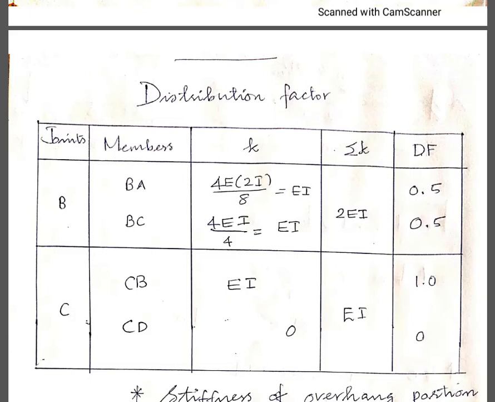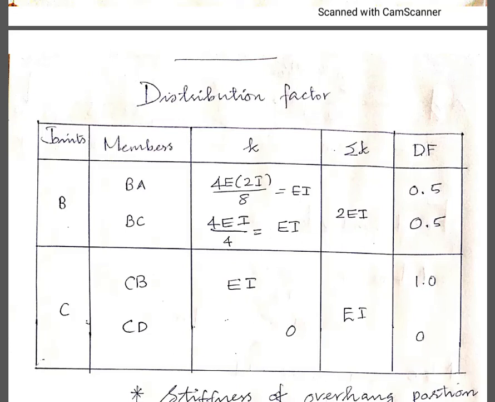So there are two members CB and CD connected with the joint C. CB and BC are the same member, so the stiffness value is EI. And CD is an overhang portion, so the stiffness for the overhang portion is 0. That is our assumption.